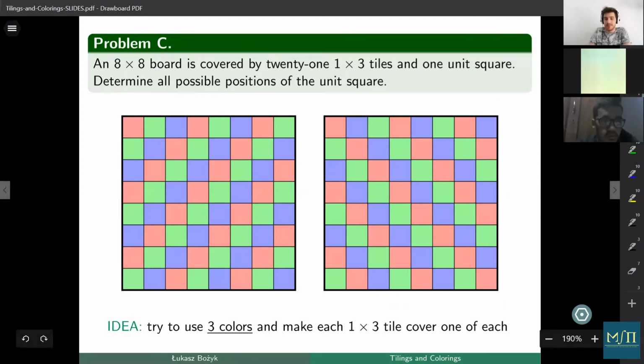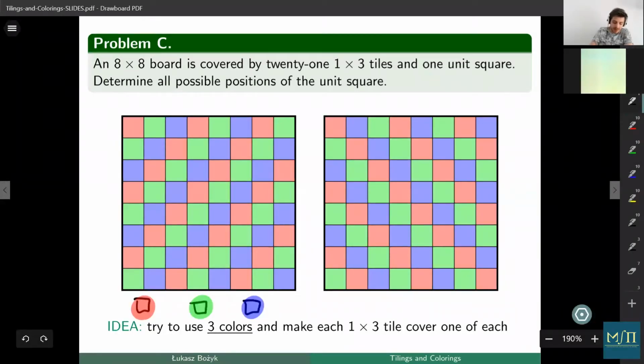So what can we do now? Let's count cells of particular colors and see what the numbers are. If you count it here, I won't do it explicitly now, not to waste our time, but you'll see that there are 22 green squares, 21 red, and 21 blue.